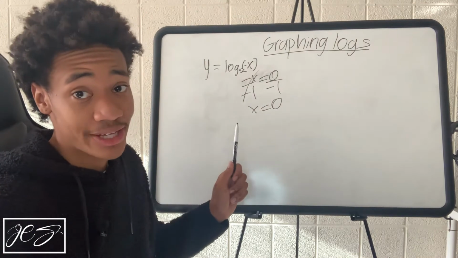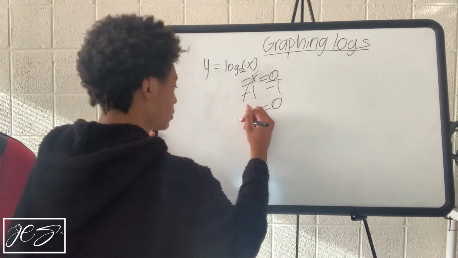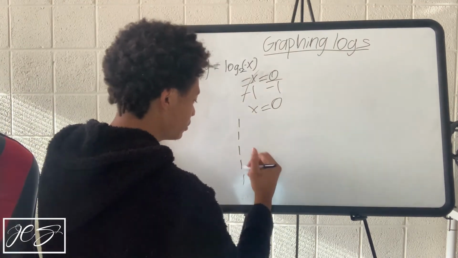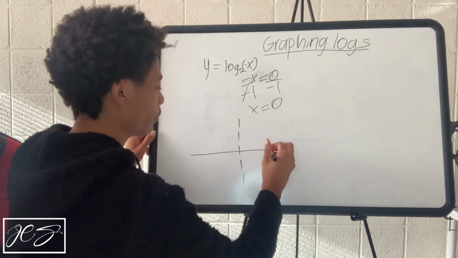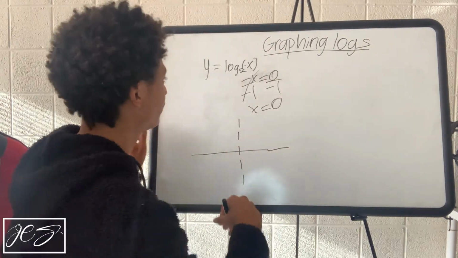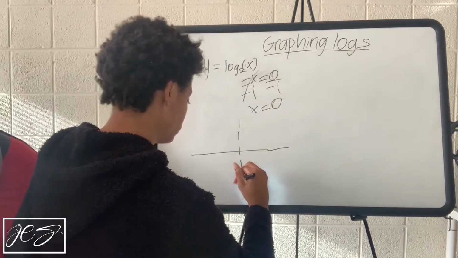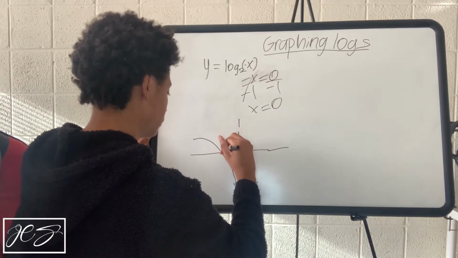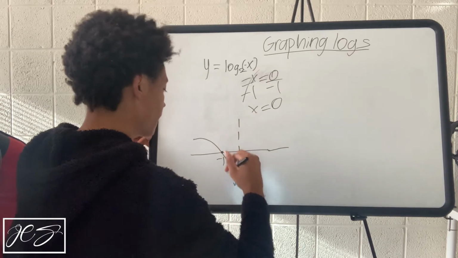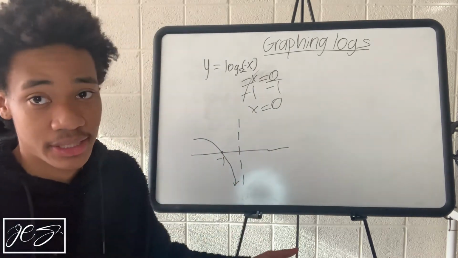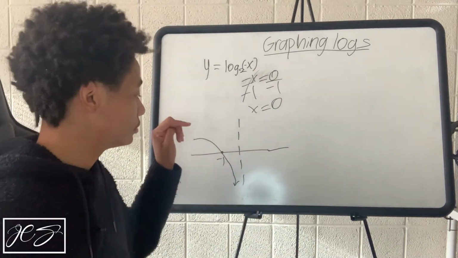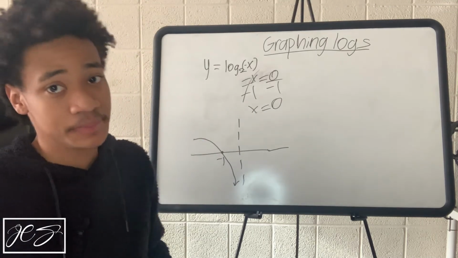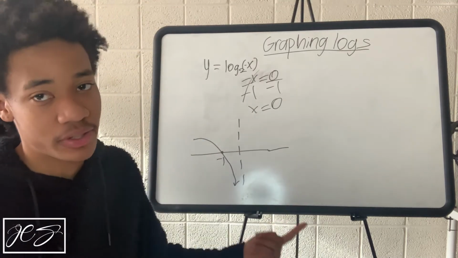Once again, our vertical asymptote is 0, so we're going to just put that right down the middle, go over. Oh man, our graph is going to be on the left side. And it's going to intersect one space over from the vertical asymptote. And that'll be what the function looks like.